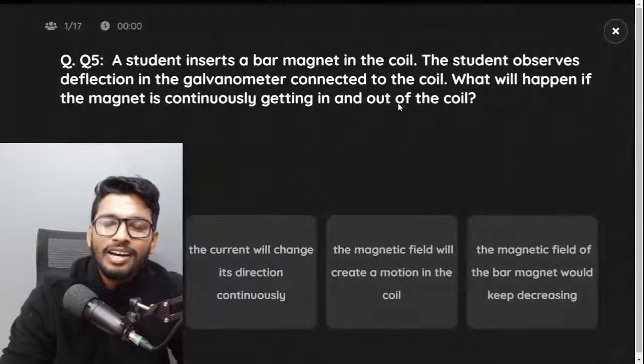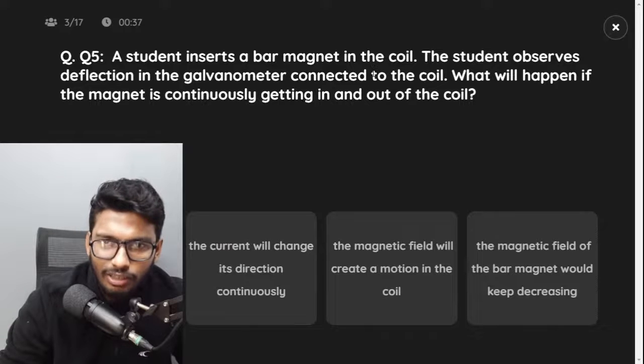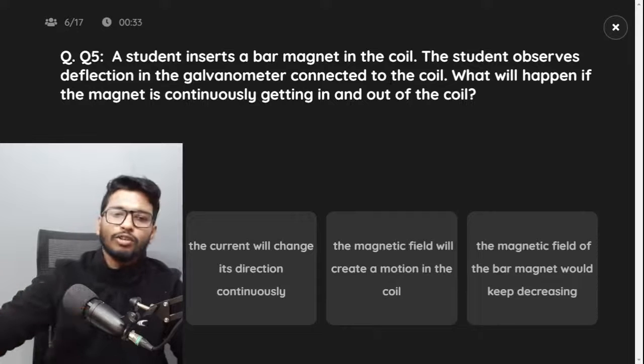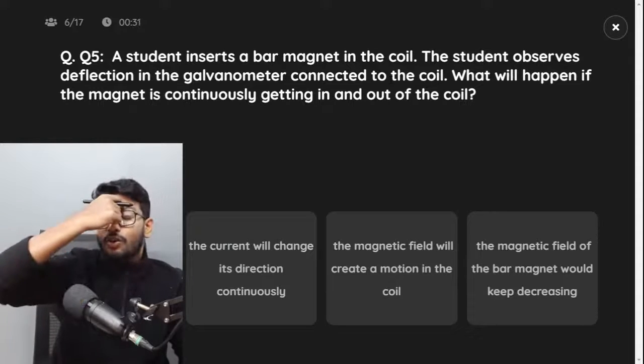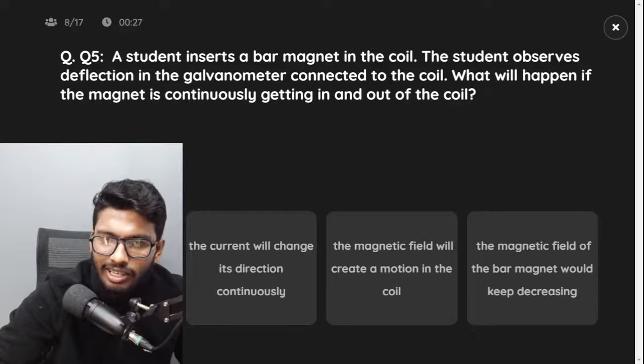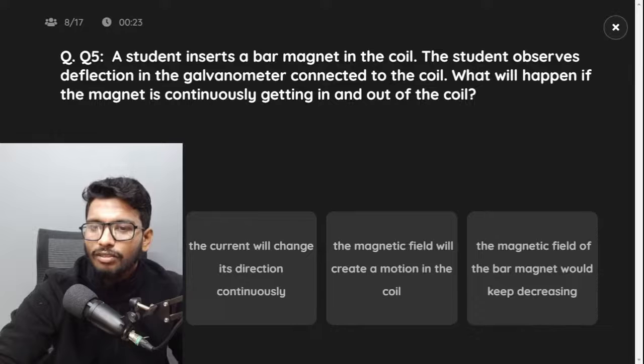All right, next one. A student inserts a bar magnet in a coil. The student observes deflection in the galvanometer connected to the coil. What will happen if the magnet is continuously getting in and out of the coil? The current induced in the coil will increase. The current will change its direction continuously. The magnetic field will create a motion in the conductor, or the magnetic field of the bar magnet would keep decreasing.